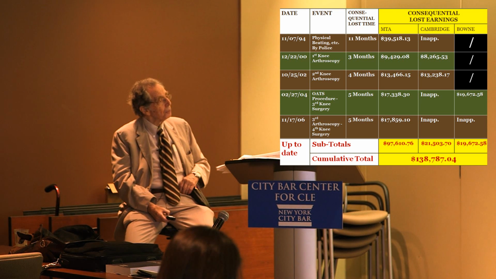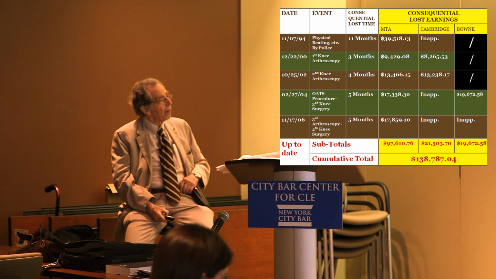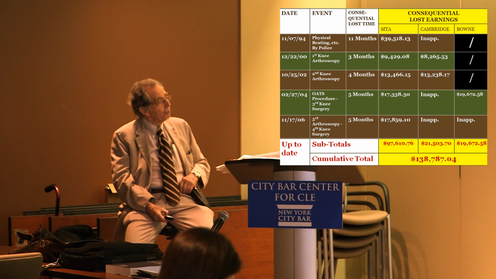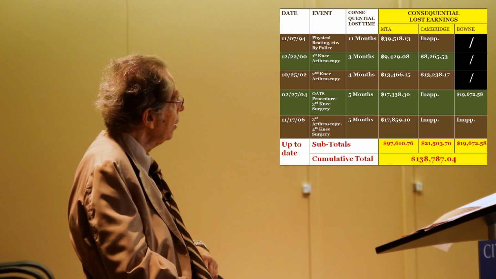You see Cambridge up there. And subsequently, Cambridge was taken over by Bound Business Solutions. So then he worked for a certain period of time, part-time, for Bound Business Solutions. Those are the separate components of this chart.